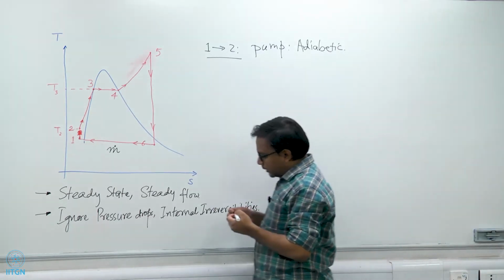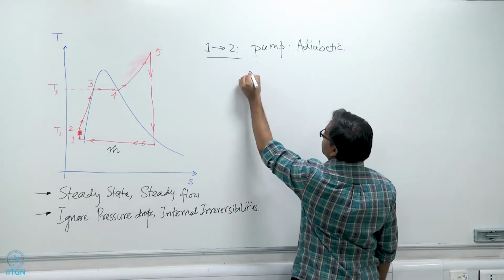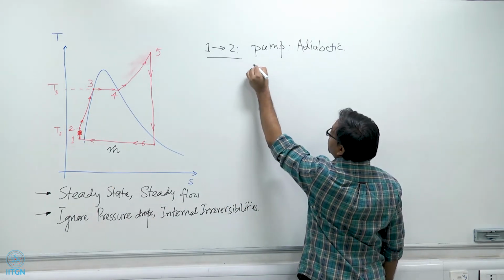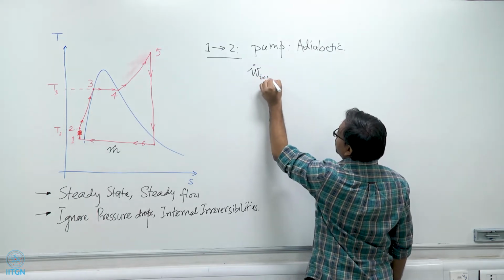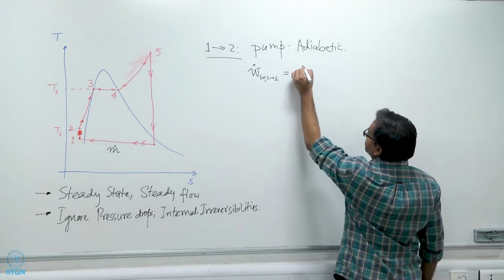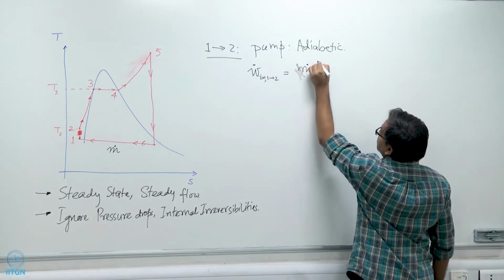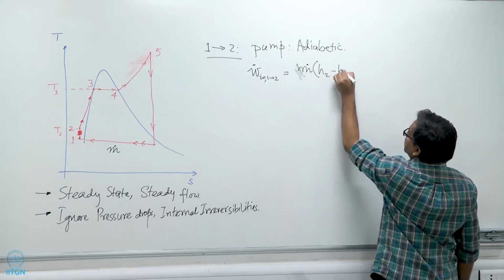So, of course, we know that for this process there will be some work input required. The work input W dot in, 1 to 2, is given by m dot times H2 minus H1.